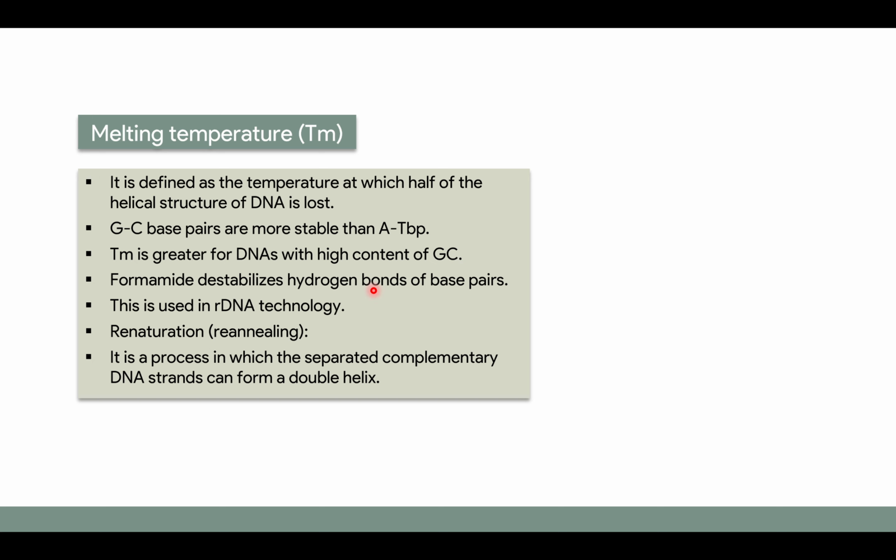Formamide destabilizes hydrogen bonds of base pairs, and it is used in recombinant DNA technology. Renaturation is also called re-annealing, and it is a process in which the separated complementary DNA strands can form a double helix. That was all about the chemistry of nucleotides and the DNA.